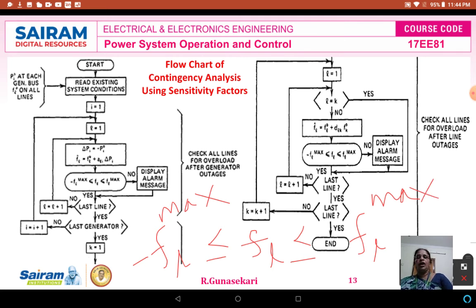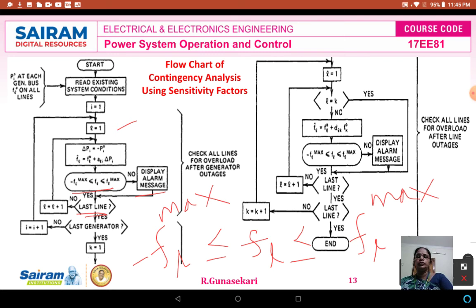If this condition is satisfied, then check whether this is the lost line. Suppose this condition is not satisfied, then display an alarm message. If lost line, this is not a lost line, because L equals 1, this is the first line.